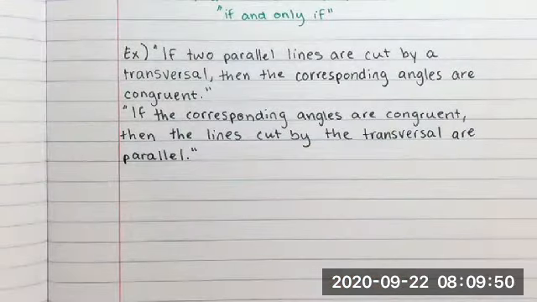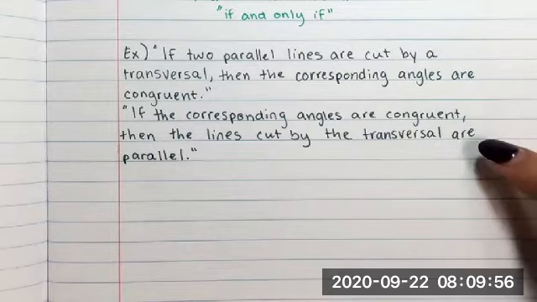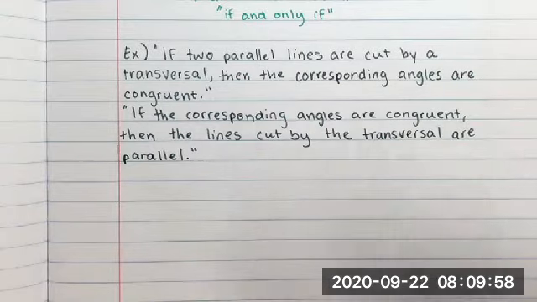Both of these statements are actually true. We know the top one is true because we did that. But it also goes that the corresponding angles are only congruent if the lines are parallel. So you can actually flip that statement around and it'll still be true. And that gives us a very interesting relationship where that if and only if comes in. The corresponding angles are congruent if and only if the lines are parallel.